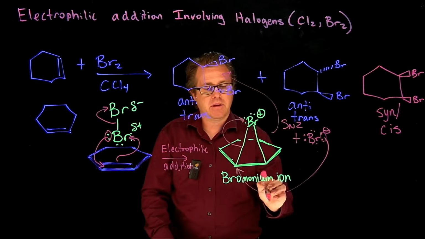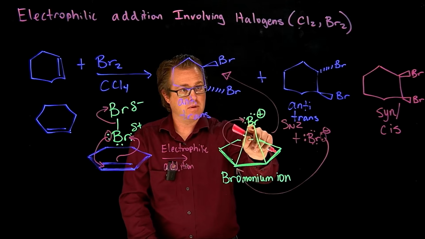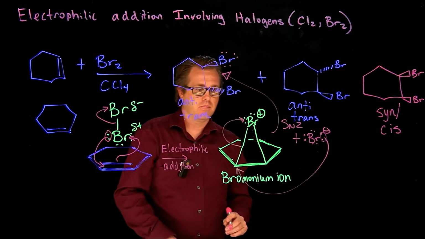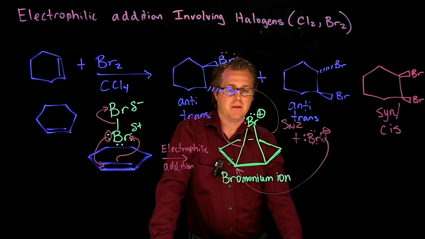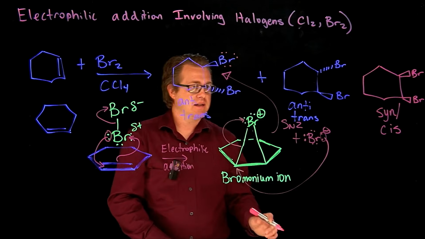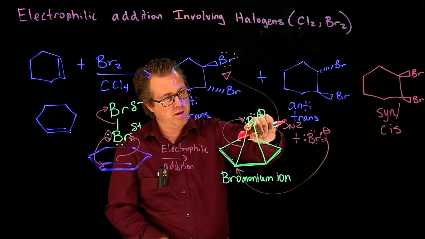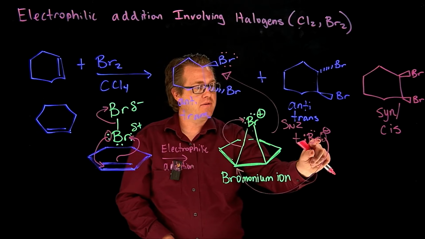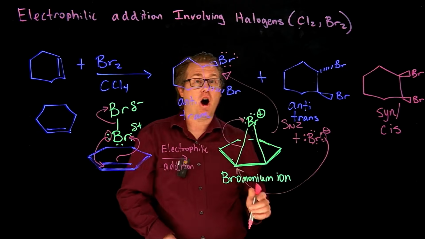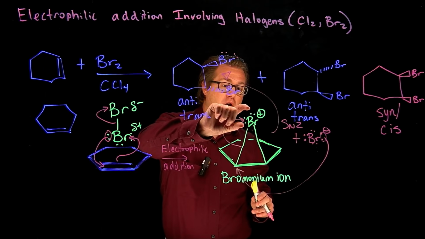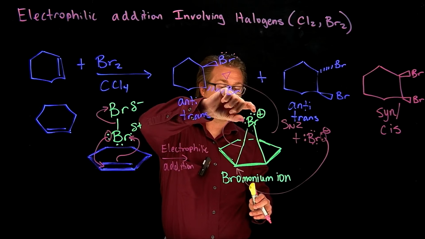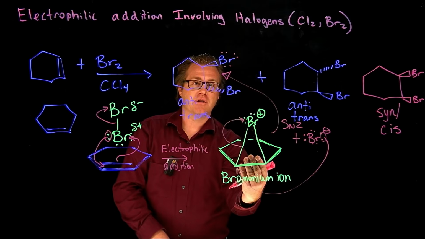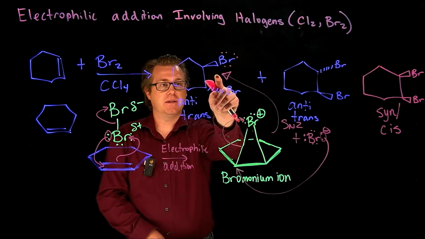And now this bromine right here is this one right here. And now you can see that this is an SN2 style because this carbon-bromine bond right there is the leaving group. This bromide is the nucleophile, so it's going to come in on the opposite face of where the bromonium ion bromine is. This is on the top face, so the bromide has to attack from underneath to give us this. All right?